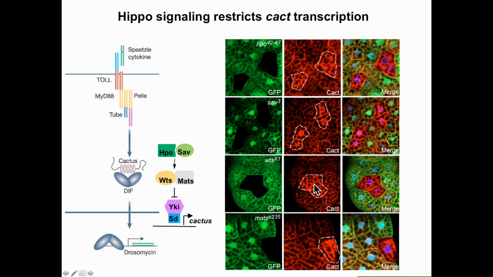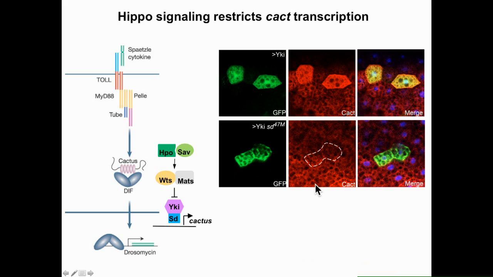in a cell-autonomous manner. And similarly, you can reproduce the same phenotype by making single cells which overproduce the Yorkie gene product. These cells are positively marked by GFP, and they cell-autonomously express a much elevated level of Cactus. And importantly, this phenotype is completely dependent on Scalloped, which is a partner of Yorkie in transcriptional regulation.